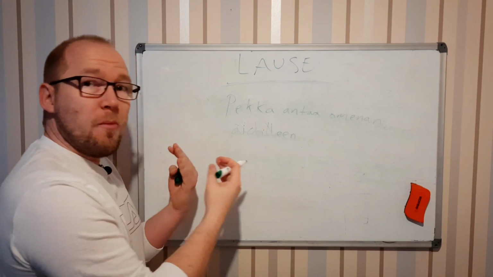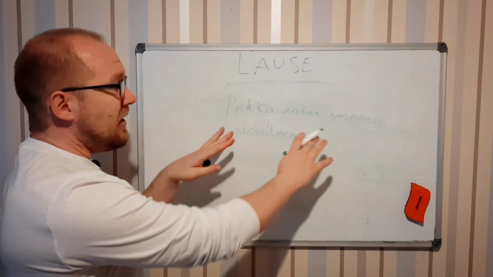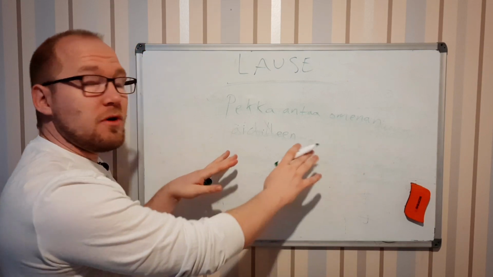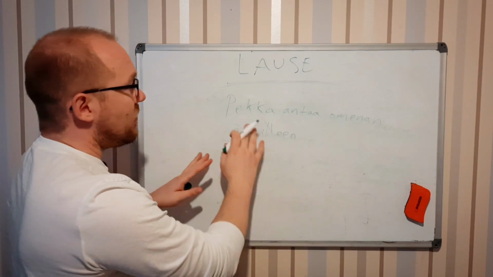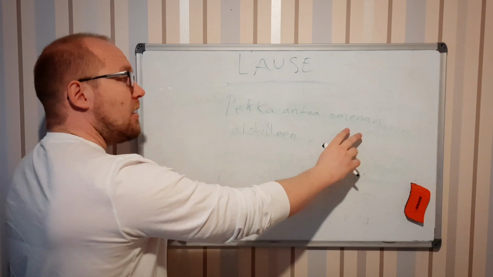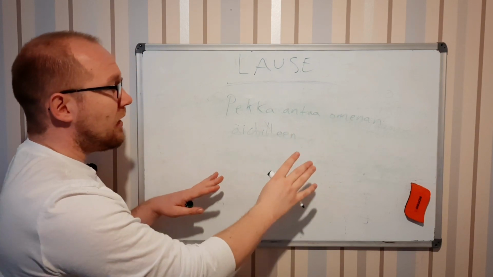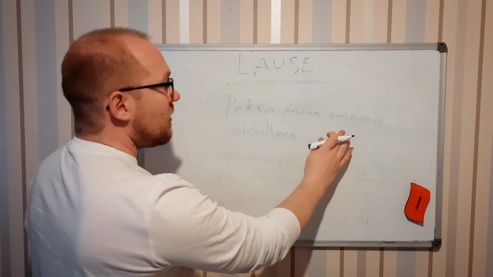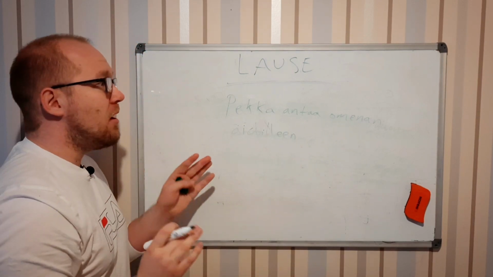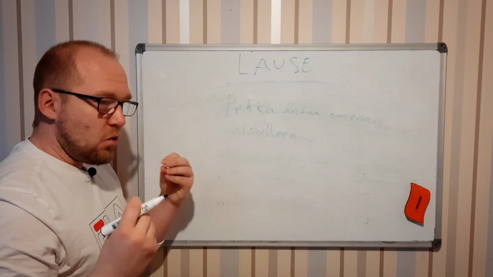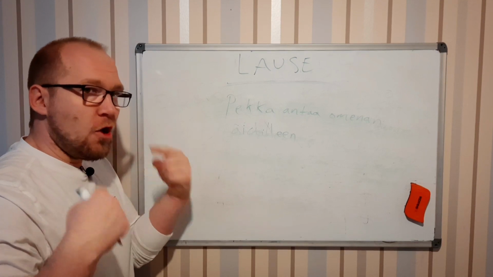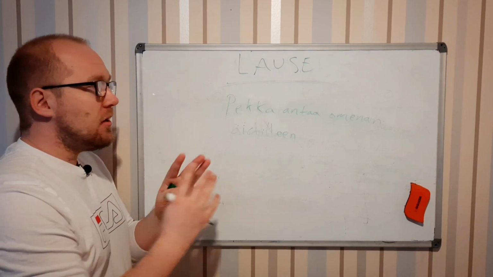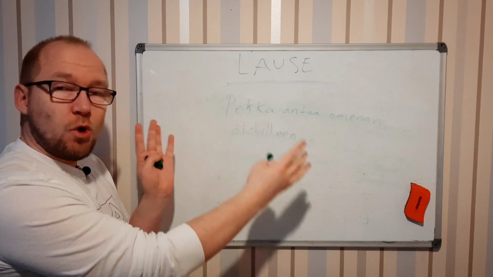Pekka syö omenaa. And in Finnish, you know, you have to know how to conjugate, of course, verbs and nouns. But that's not a big problem when you are also learning at the same time how sentences work.